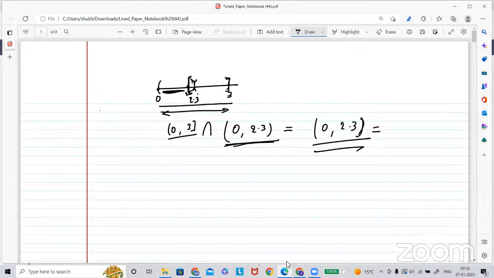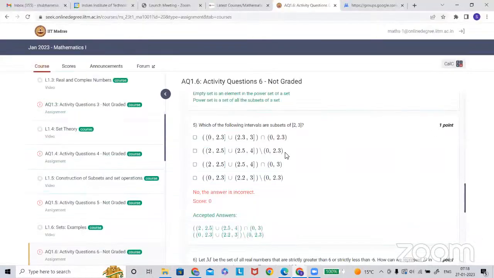So is that a subset of this interval? No. It will not come, right? So that's why it is not going to be a subset. Similarly, you can check using the set operations given here.